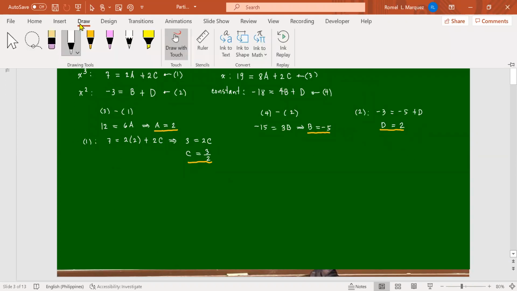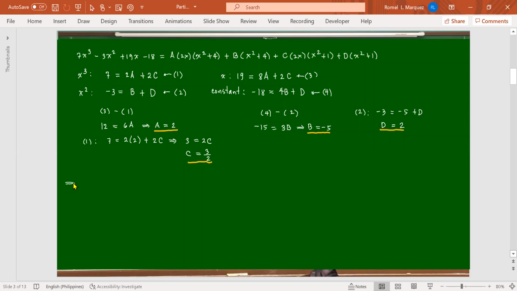We have the integral of, so the first integral, the numerical coefficient, the arbitrary constant is 2. So that is 2 times 2x plus b. b is negative 5, all over x squared plus 1 dx.